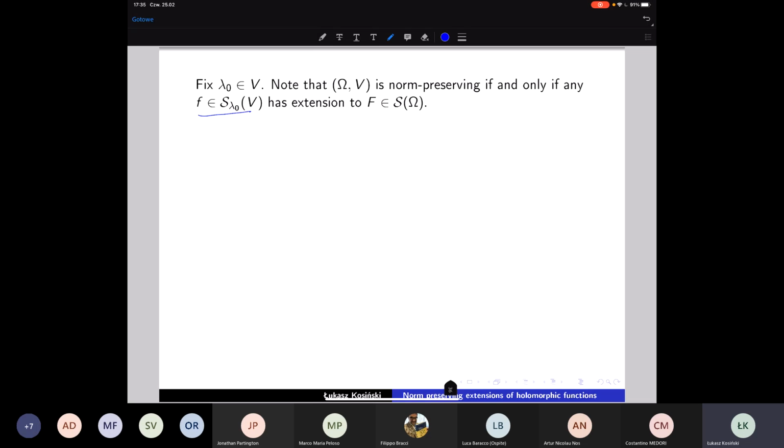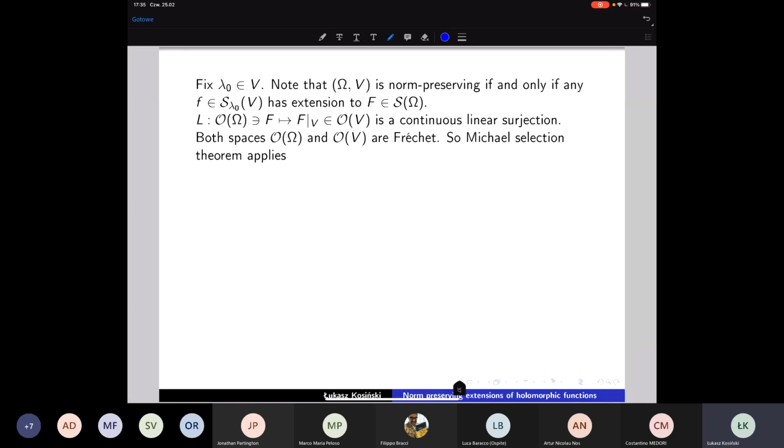This is simple because if we have a function on V with values in D, then we can compose this with a Möbius map, extend this map to F, and compose with the Möbius map again. So this is standard. So it's enough to extend functions within this class.